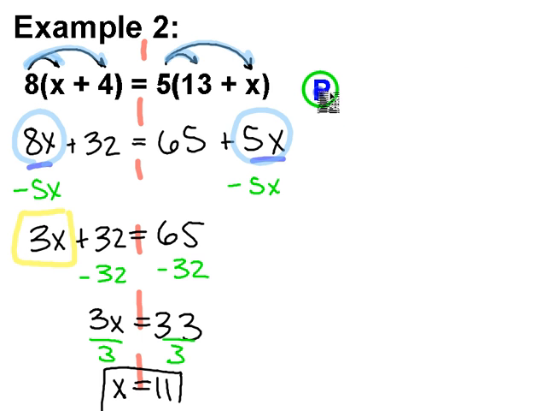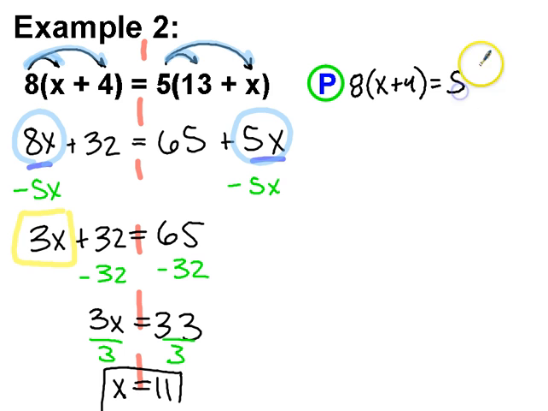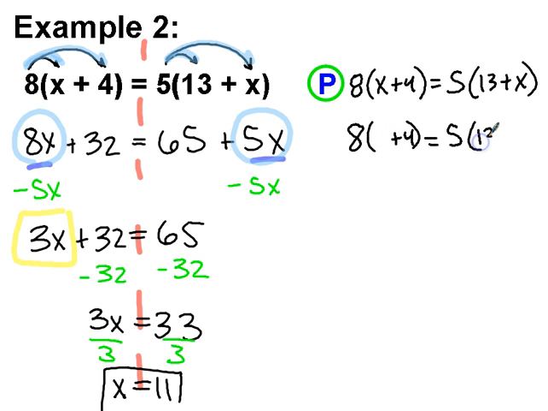And we can see now that we want to do our proof. So we bring out our super P, put down our original equation again: 8 times the quantity x plus 4 is equal to 5 times the quantity 13 plus x. And it's really important, and I talked about this in class, that you substitute immediately into the original equation. You don't distribute anything, you substitute straight away.